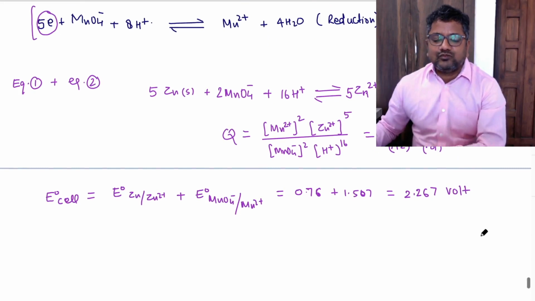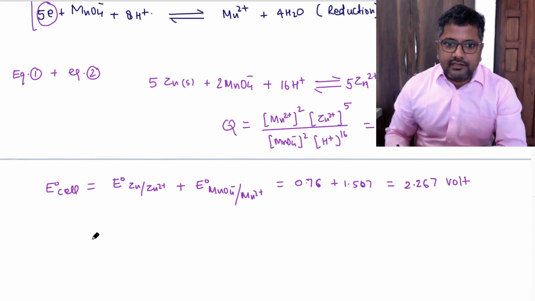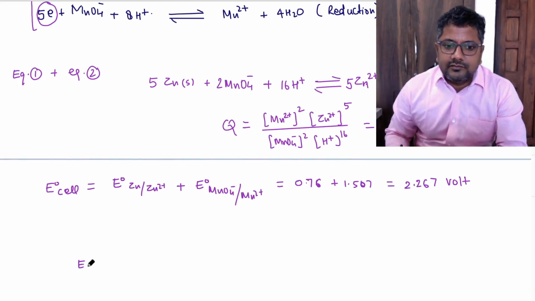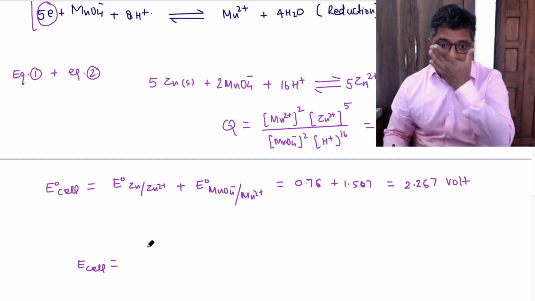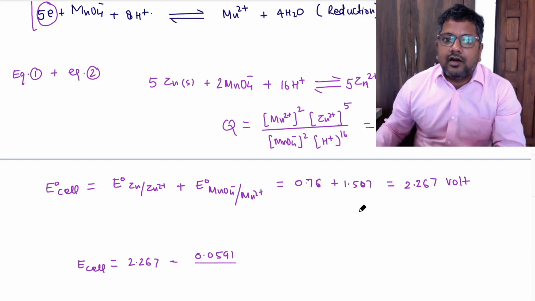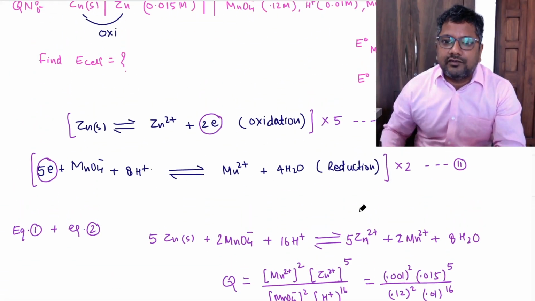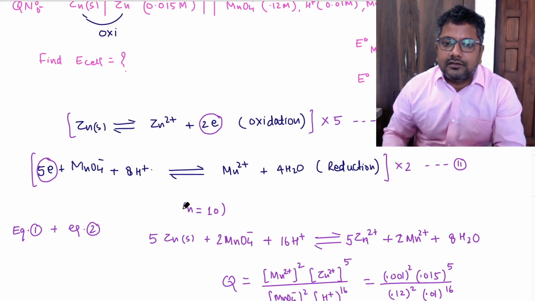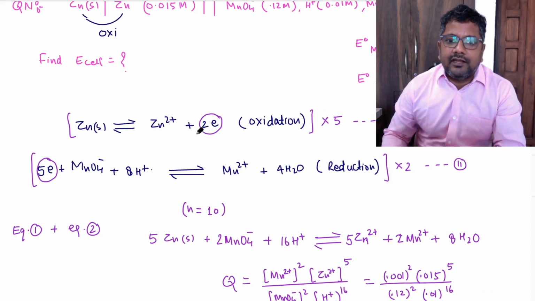Okay. Now E cell is equal to 2.267 minus 0.0591 by how many electrons are exchanging here? What is the value of n? n is equal to 10. See, 2 into 5, 10, right?